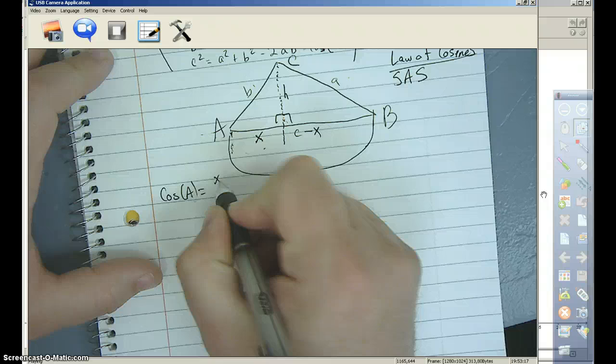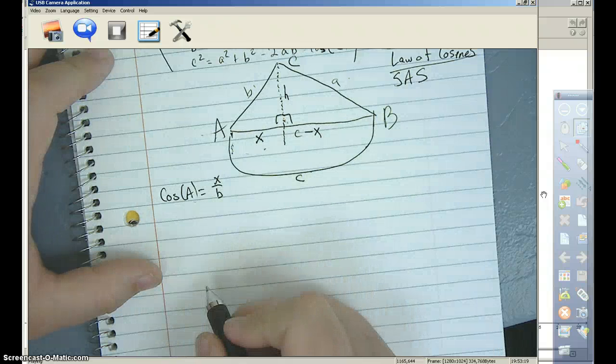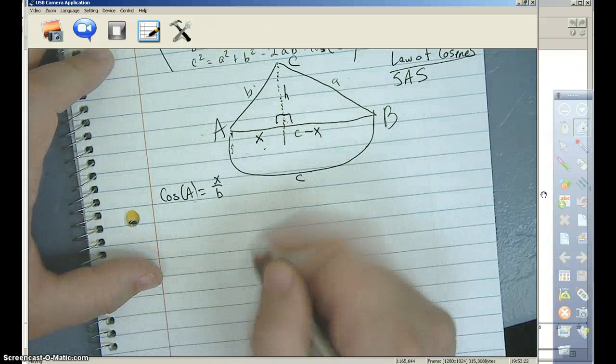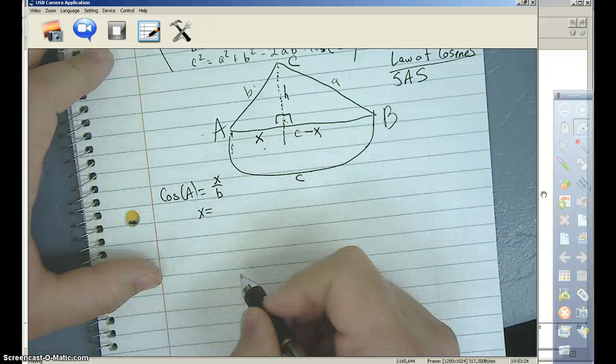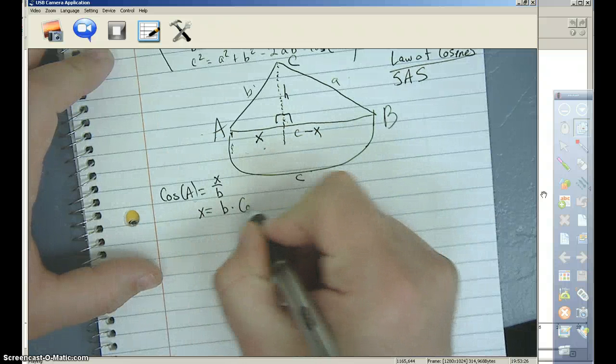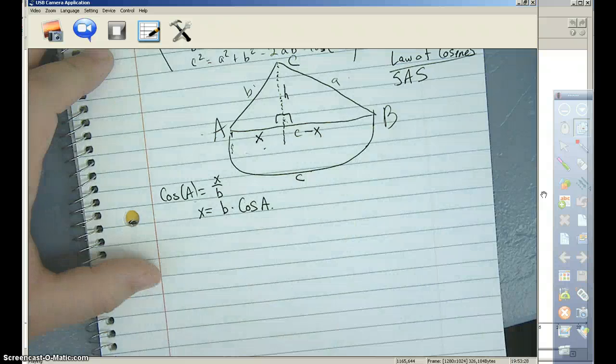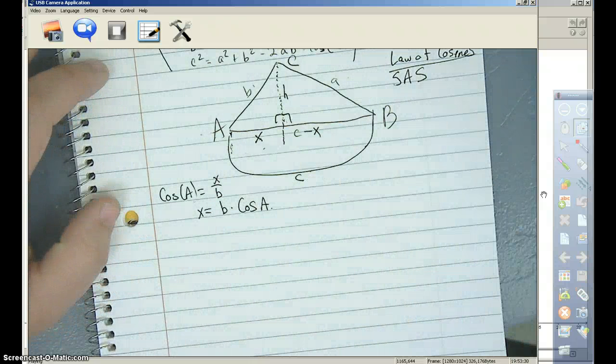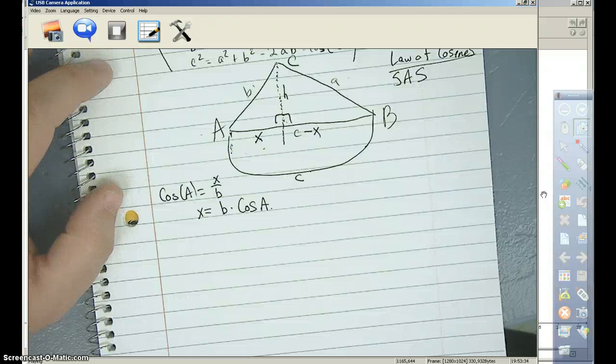So we're going to put x over b. Can we solve for x here? Sure. X is equal to b times the cosine of A. So that's what we know about x. Now let's stop there for a minute and think about this.